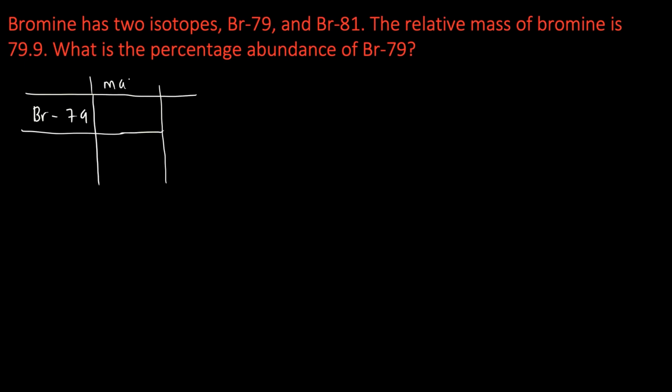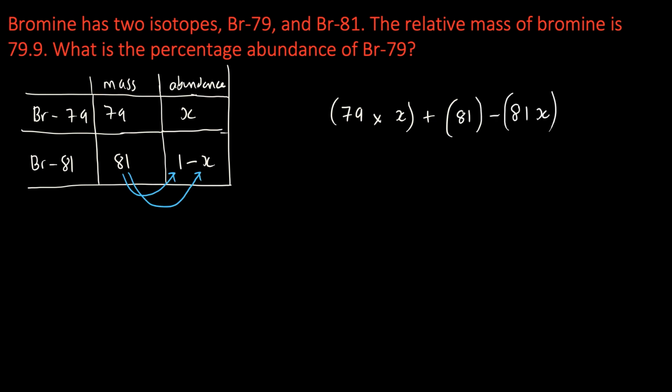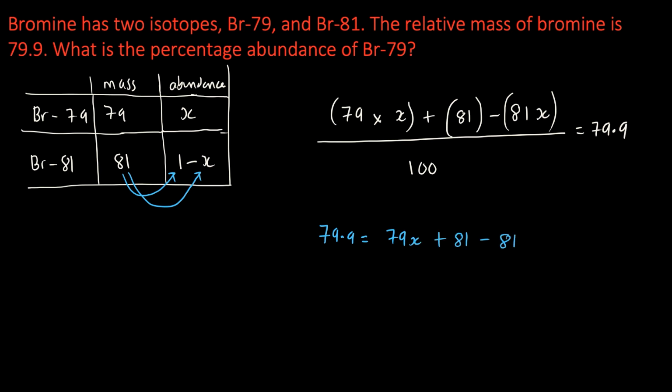Br79 has a mass of 79 and an abundance of X. Br81 has a mass of 81 and an abundance of 1 minus X. So 79X plus 81, take away 81X, divide this by 100, and we get 79.9. We can simplify this into 79.9 equals 79x plus 81, take away 81x.